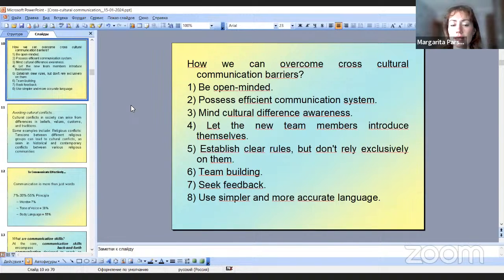Then the next, seek feedback. Of course, you must not be just one person who speaks for a long period of time. If there is team member communication, everyone must speak and also show their feedback.